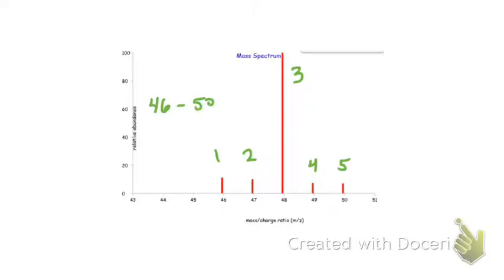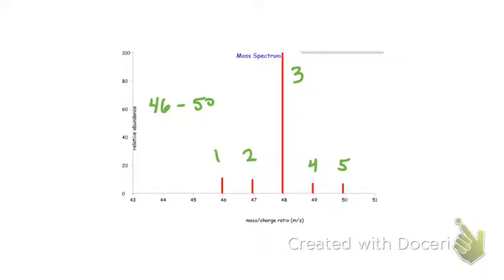And so I can look on the periodic table and see that there are only a few elements that will fit that range of 46 to 50. If I look on the periodic table, there's only one element that meets that criteria. Scandium is too light at 44.9.